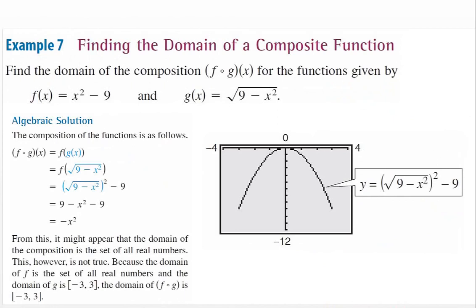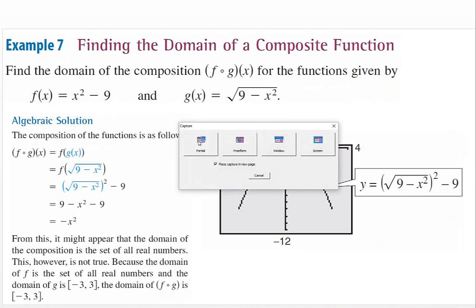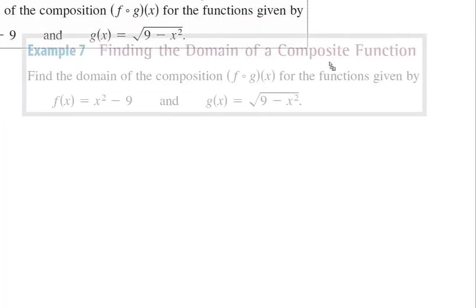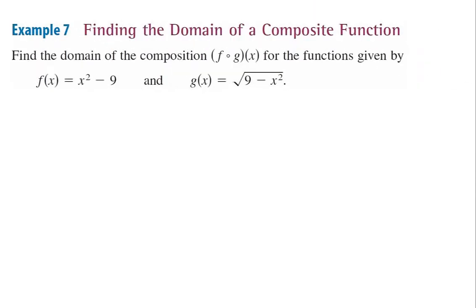Finding the domain of a composite function. Alright, so we've kind of alluded to this already. If you're finding the domain of a composite function, find the domain of f composed with g.